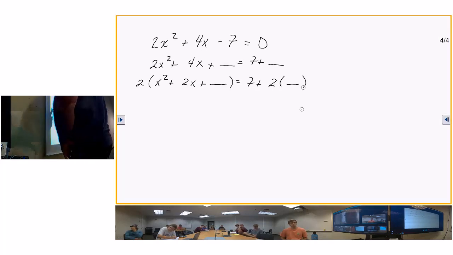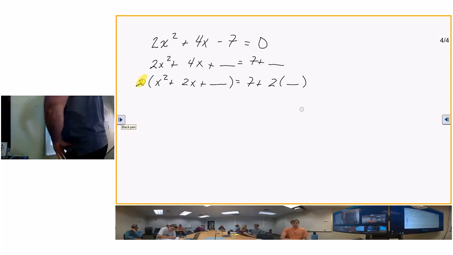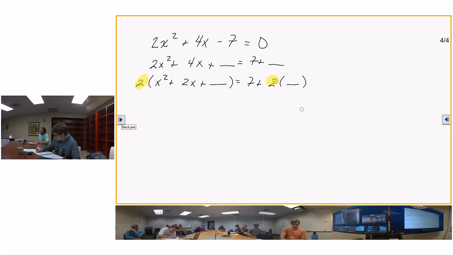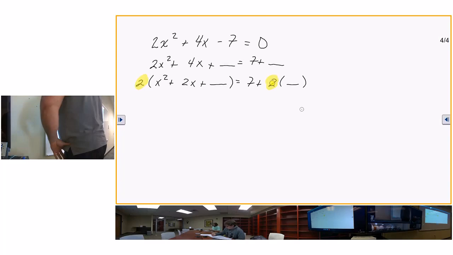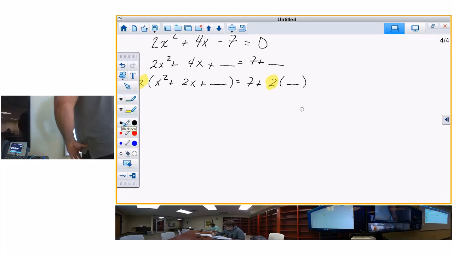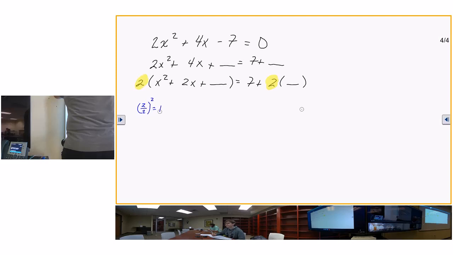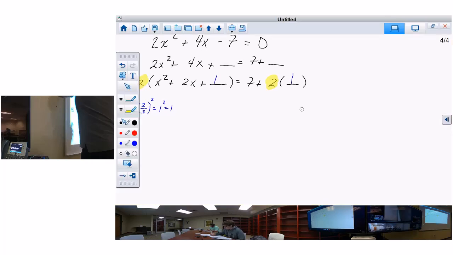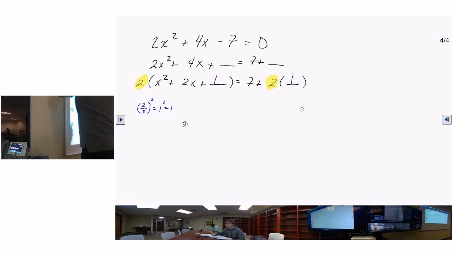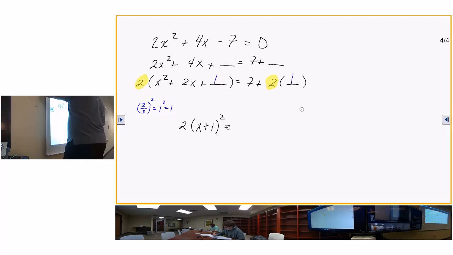And I'm going to take my handy dandy highlighter and highlight that so you won't forget. Now I'm going to take my blue marker and I'm going to take 2 divided by 2 and square it. And that'll give me 1 squared, which is what? 1. And now I've got 2 times x plus 1 quantity squared is equal to 9.